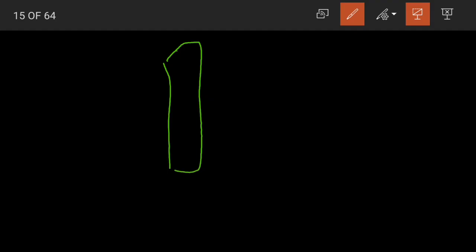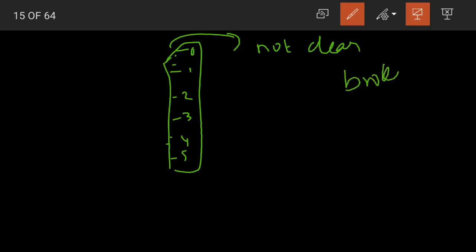Here it was 0, then 1, 2, 3, 4 and 5 centimeters. Now here the starting point, that is the 0 centimeter, is not clear. It is broken. So when you are using such a scale, how to measure?